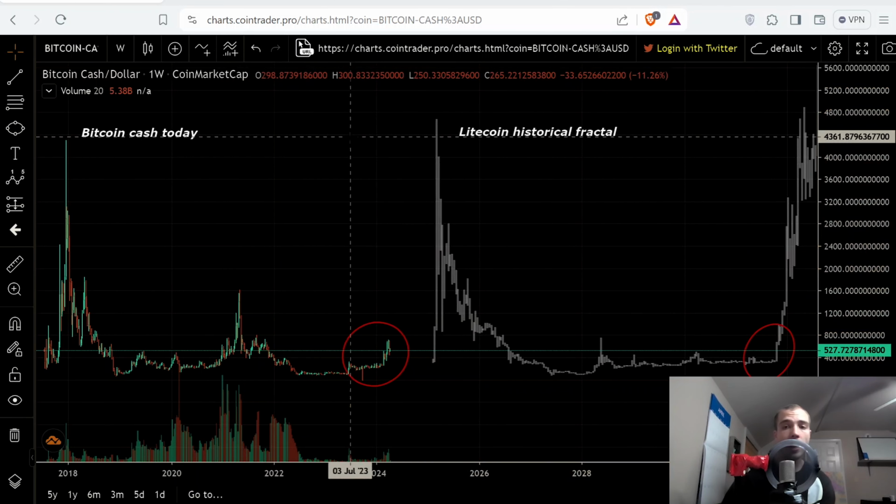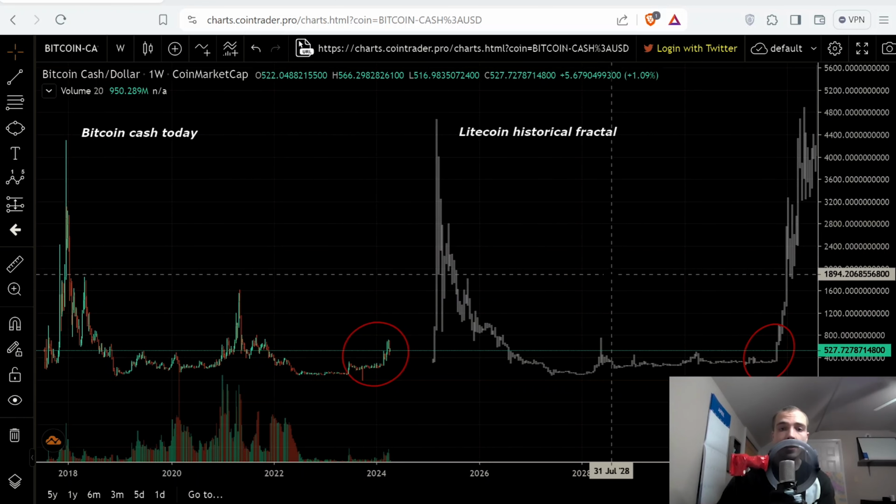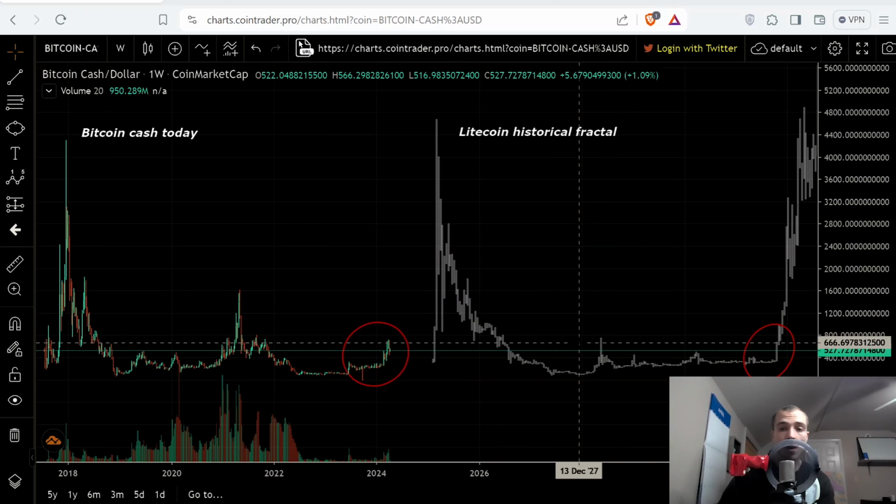Or as Mark Twain said, history doesn't repeat, but it often rhymes. So even though these two charts aren't exactly identical, they're so close, it's hard to see that there's a difference. It's hard to say that there's really a big difference between the two, right? There's a little bit of a difference, but it's very small.